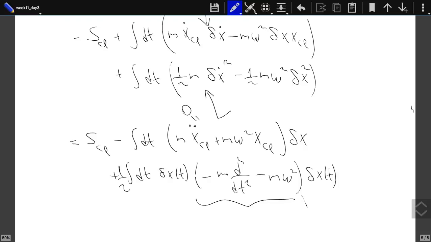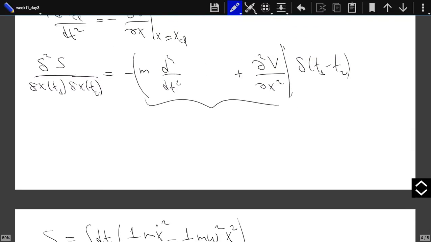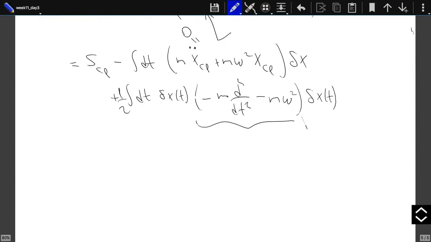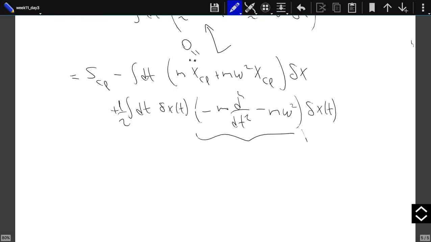Now this operator is nothing but the second derivative operator. Here we have a Dirac delta, but remember we have two integrations over time, over t1 and t2. Using that Dirac delta, we can integrate over one of the times, so we are left with a single time integral, and this is what we have here.